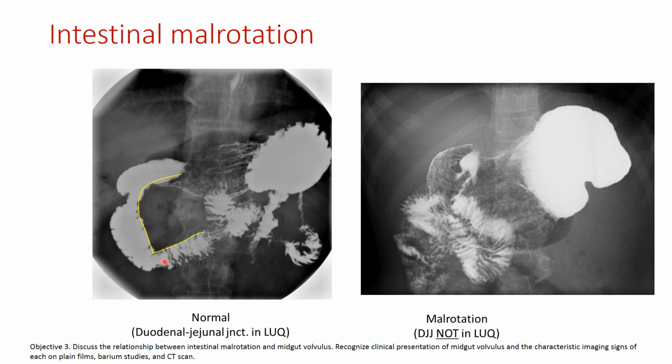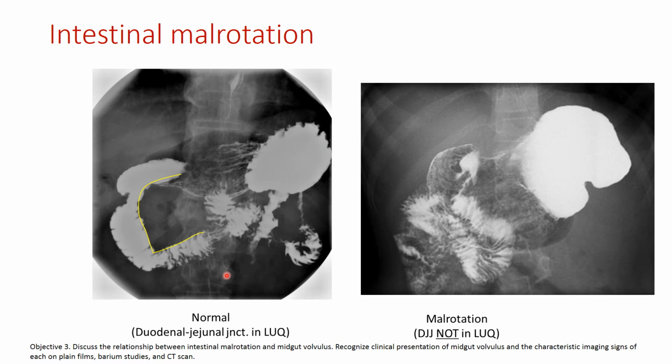And so the duodenum then comes up, and the duodenum must be in the left upper quadrant of the abdomen, higher than the inferiormost portion of the stomach, and behind the stomach. This is necessary for the proper mesenteric attachment of the small bowel.